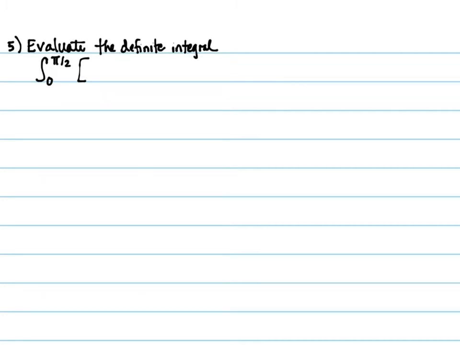Our vector valued function is a cosine t i plus a sine t j plus k dt. All right, so first just the antiderivative.